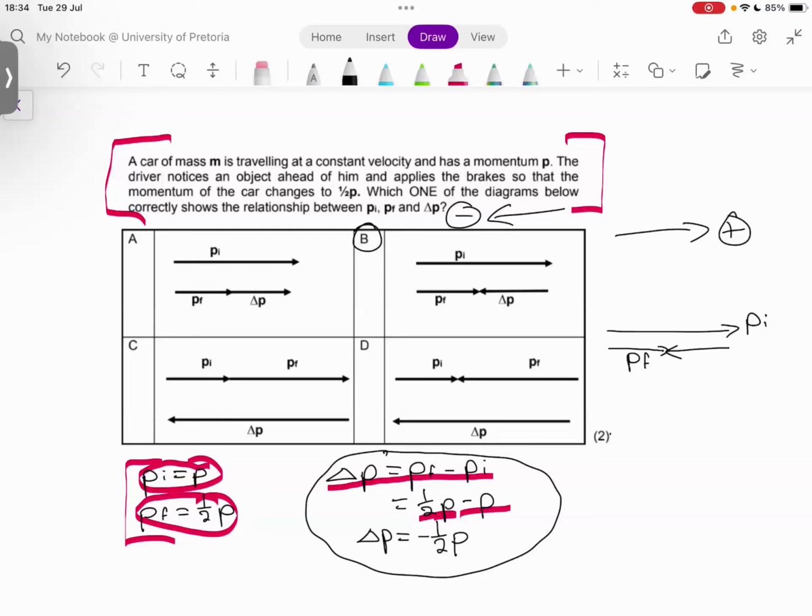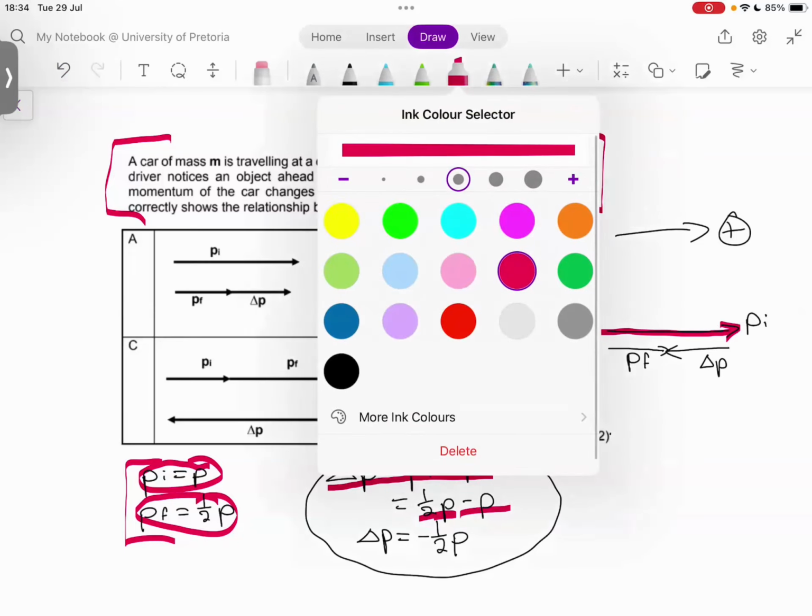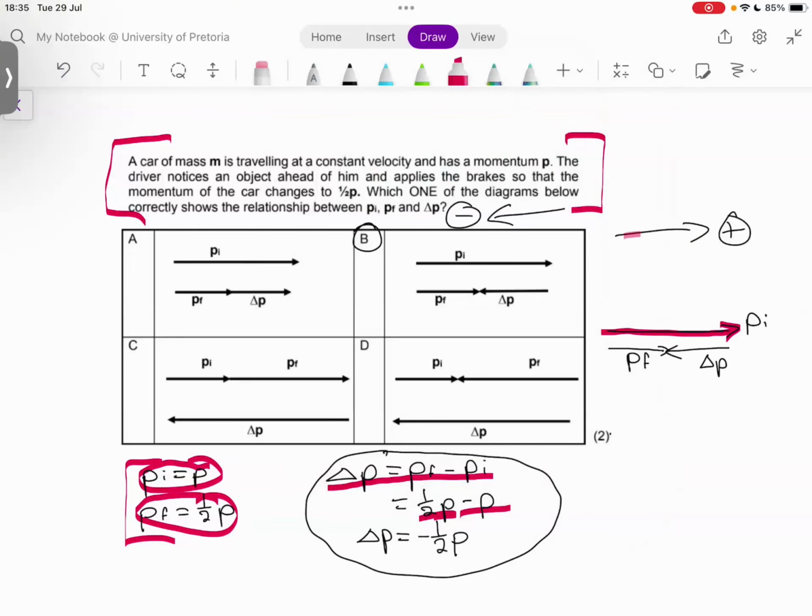Cool. From here, I moved on to this over there, whereby I drew P over here, and I then filled in everything else. The final momentum has a magnitude of half of the initial momentum in the same direction, which is right. And that's because I decided to have right as positive and left as negative.